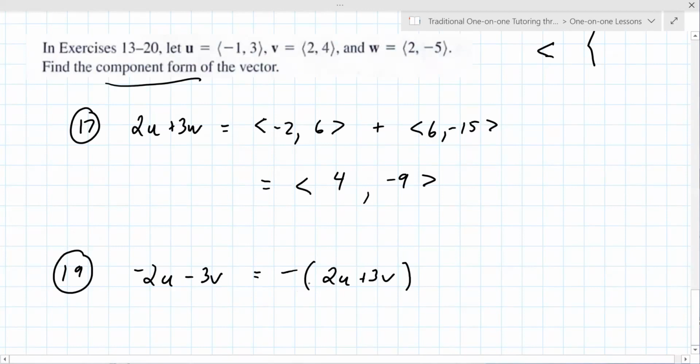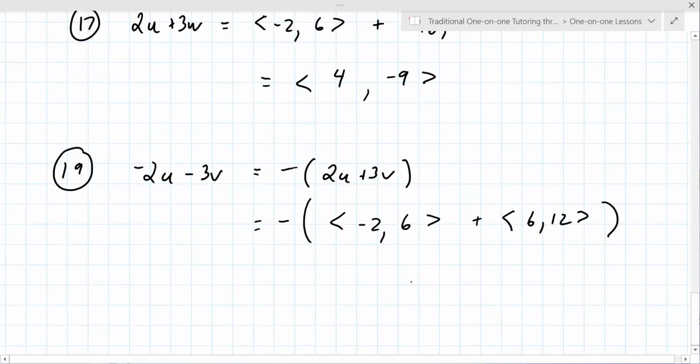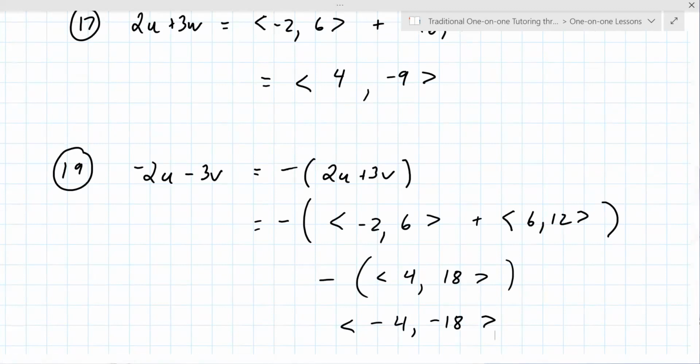But I'm going to show you this way just because we like adding. So negative, and then 2u is minus 2, 6 plus 3v, 6 comma 12. And so you add these and you get 4 comma 18. And then you still have this negative. So you just apply it just like you do with parentheses and other stuff that you know from math.